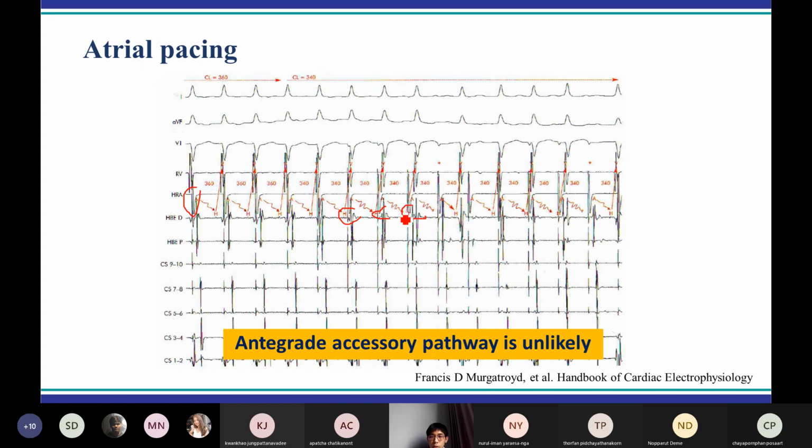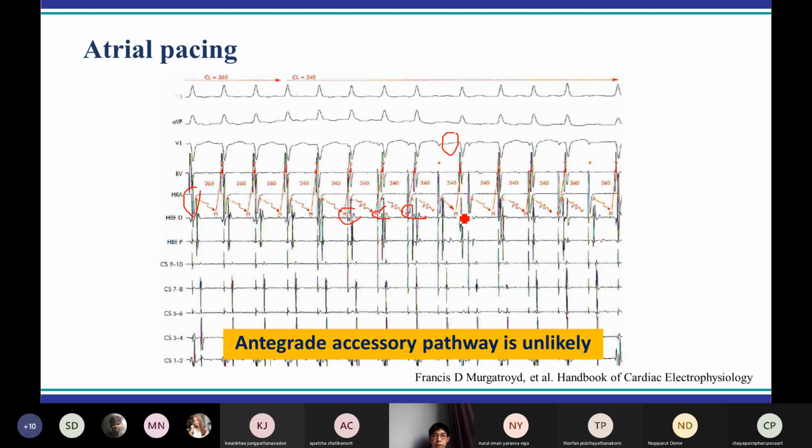But you can see in the surface that when you pace faster and faster, there is a block here in the AV node. This is also called the AV dissociation between the AV node and ventricle. So it is unlikely to be an accessory pathway.